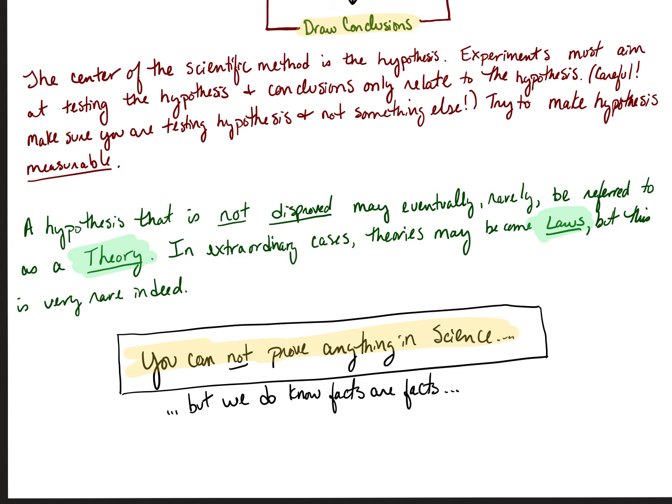But we can say the data leads us to believe that this is what happens. And as we get more data, we might find out that, in fact, it leads to a slightly different conclusion or a different conclusion altogether. That said, we can say facts are facts. Let's move on and get on with it.